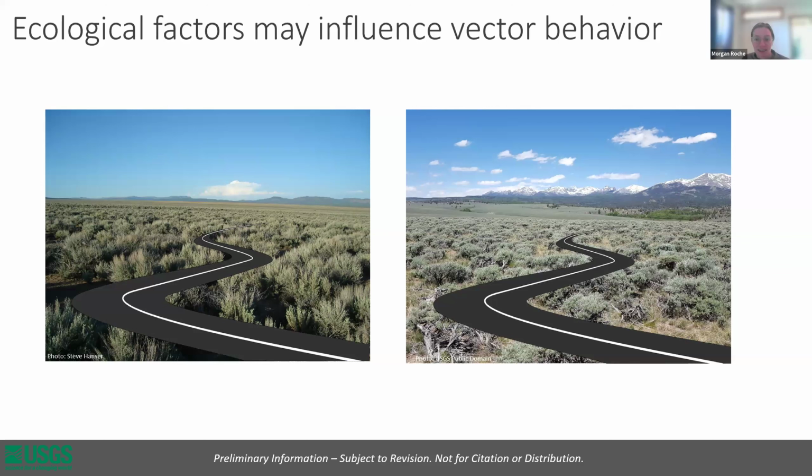We might expect that the same disturbance in two different locations, such as these two different photos of different sage ecosystems shown here, would have pretty dramatically different vector behavior, given the vegetation, climatic, and topographic factors that shape susceptibility to annual grass invasion in response to those particular disturbances.